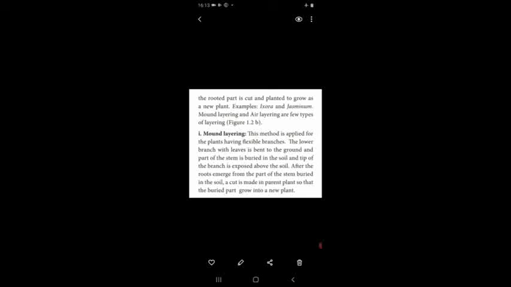That plant has flexible branches, that means stem with flexible branches. The lower branch of the plant is taken. Those branches are bent to the ground and part of the stem is buried under the soil, and part of the stem is exposed to the sunlight, that is above the soil.